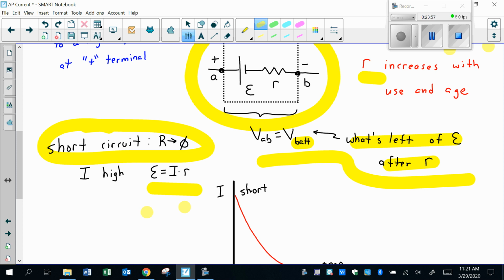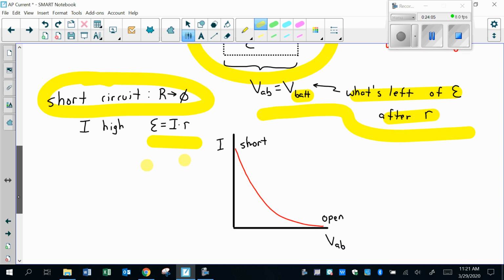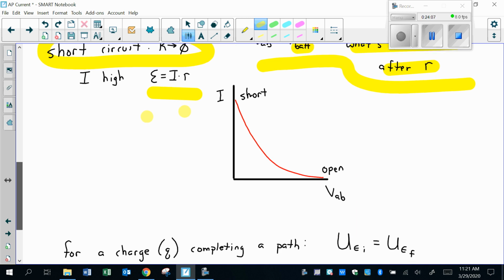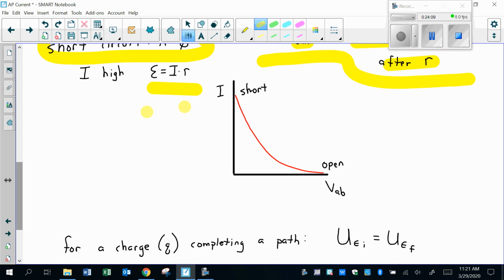And what happens? Your battery shorts out and can't push any more charge. And hopefully you have a circuit breaker or something there so that it doesn't melt your battery. So here would be a graph of what it looks like. When you have an open circuit, all of your potential, your EMF, is going to be there. And when you short it out, you're going to have no voltage coming out of the battery because it's all being used up internally with that high current.